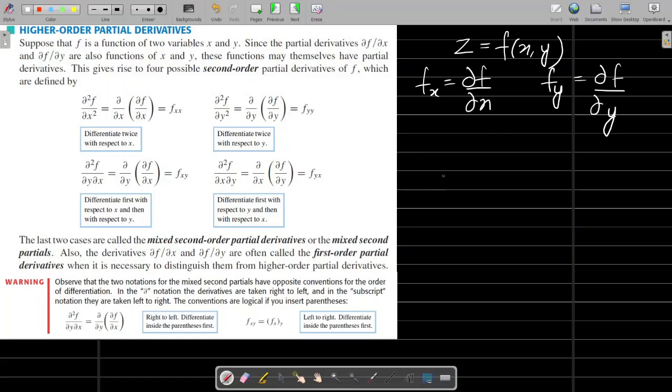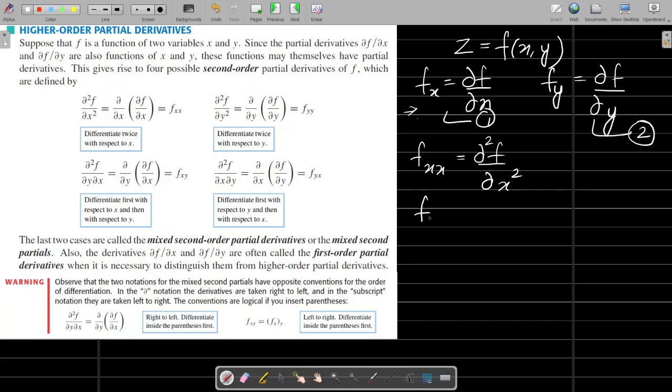Now the second order partial derivatives. Suppose again I am differentiating this with respect to x, so it will be fxx, or equivalently dou square f by dou x square. And suppose again this equation number 1, I am differentiating it with respect to y.